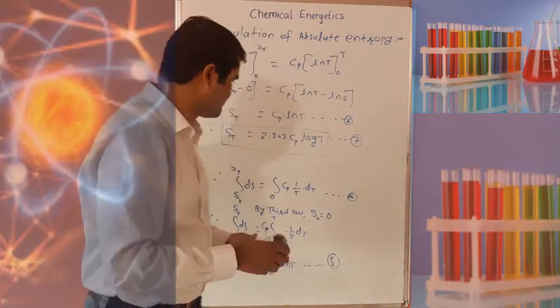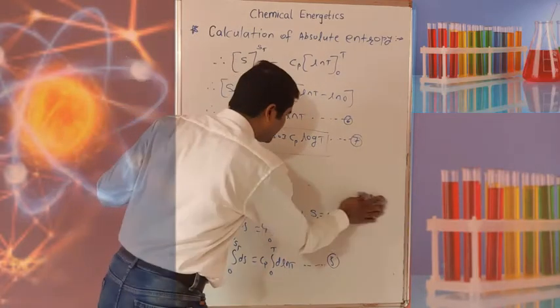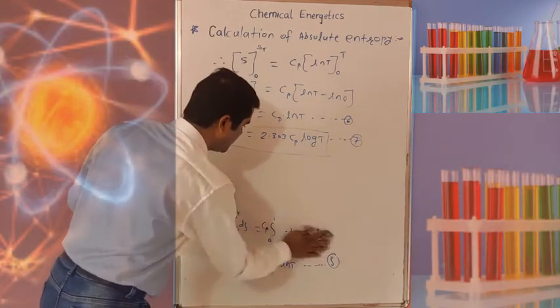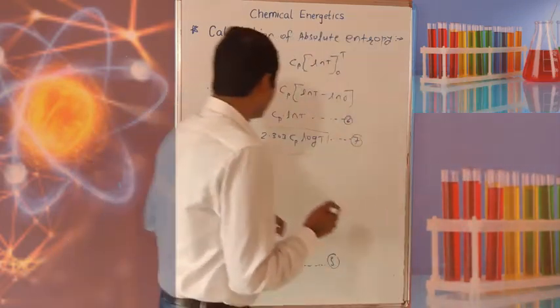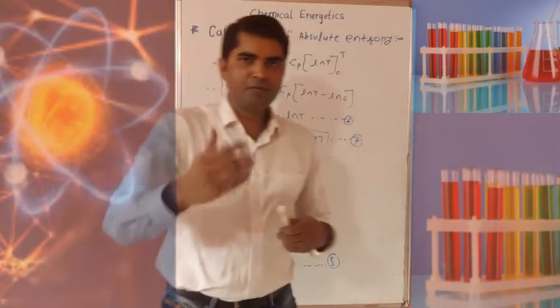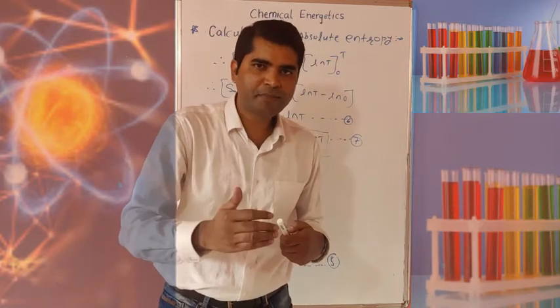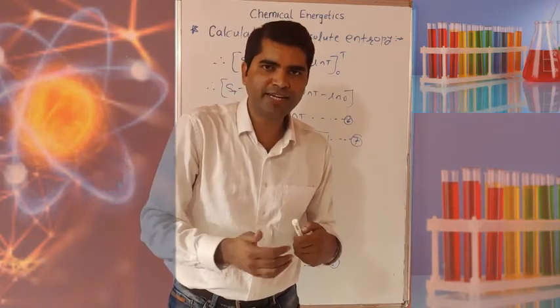Below 15 Kelvin it is difficult to find the heat capacity. Cp cannot be calculated below 15 Kelvin, because below 15 Kelvin means very low temperature, and at very low temperature it is very difficult to calculate the heat capacity.